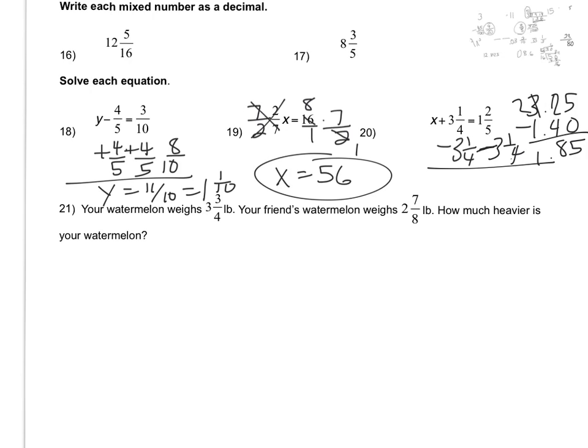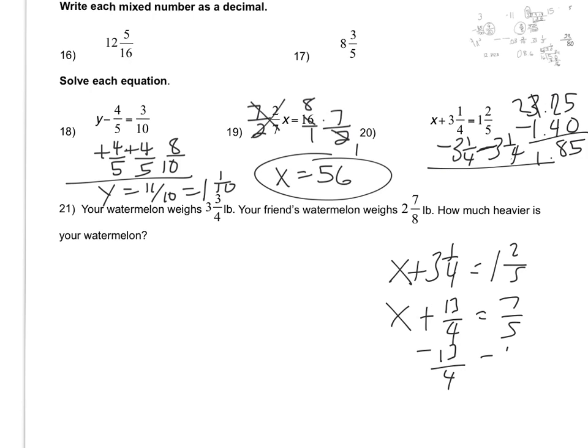So that may or may not make sense to you, so I'm going to show you one other way. I'm going to say x plus 3 1/4 equals 1 2/5. I'm going to change them both to improper fractions. So we have x plus 13/4 equals 7/5, and then minus 13/4 minus 13/4.